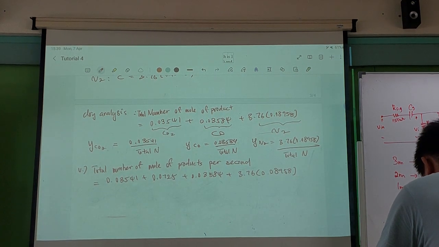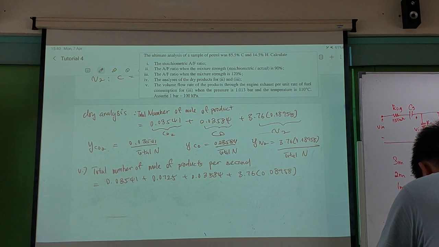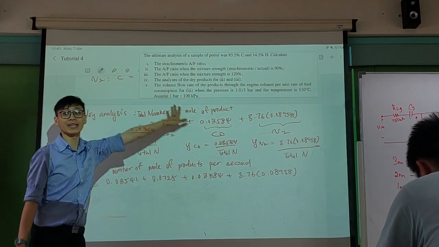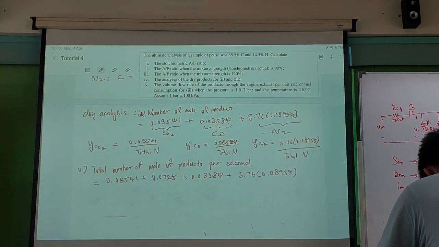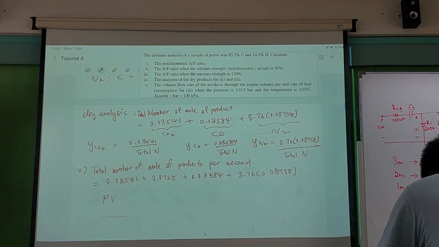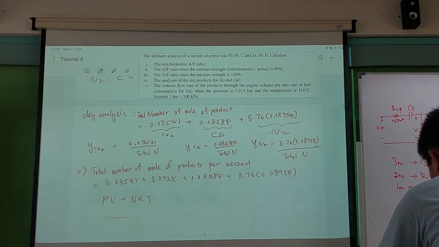Why is it important to find the amount of moles of product? We are looking for the volume flow rate, and you are given pressure and temperature, so you can use PV equals nRT.